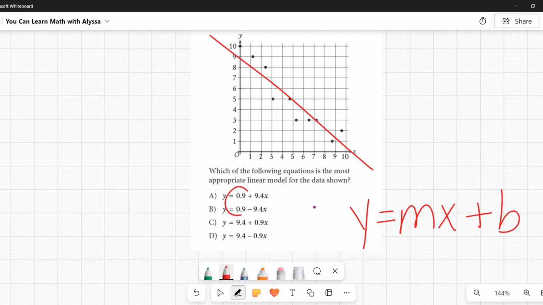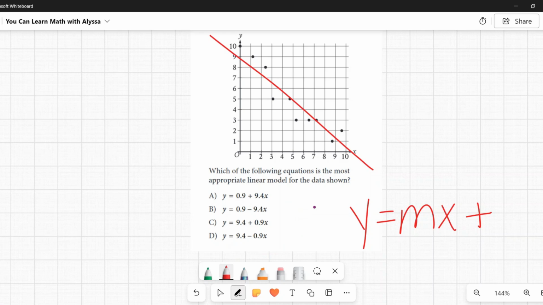We have 2 that have a y-intercept of 0.9, 2 that have a y-intercept of 9.4. So just by determining where the y-intercept is approximately, we can eliminate half the answers. And then we also have a positive and a negative slope, and then we have a positive and a negative slope here. And if you'll notice, all 4 use 0.9 and 9.4.